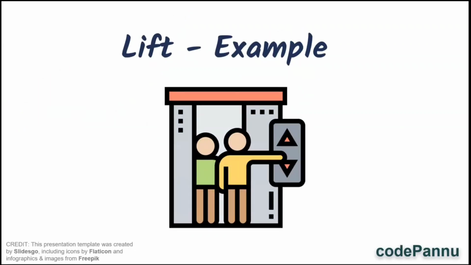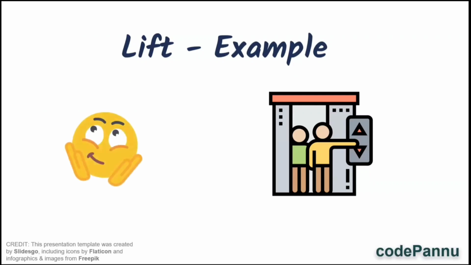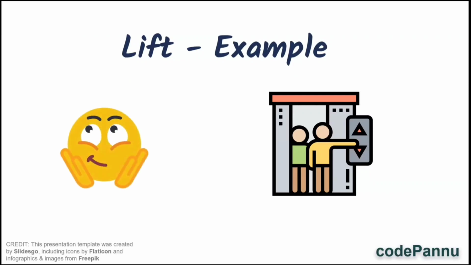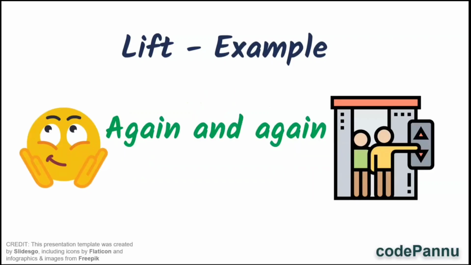Imagine you want to meet your friend who lives in the same building, but her house is on a different floor. What will you do? You will press the button to call the lift and use it to go to that floor. Whenever you want to go to your friend's house, you will do the same thing again and again.